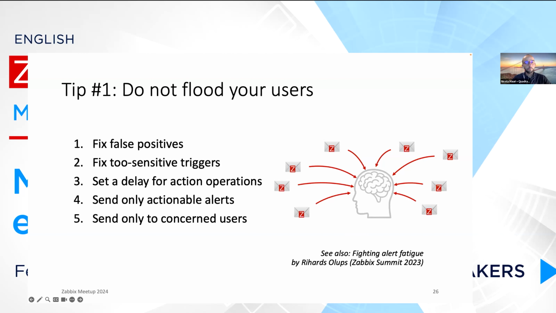And send only alerts which require user action, not just informative alerts. This is a very common and known suggestion, and send, of course, to the right people. See also a good presentation from RHEL at the last Zabbix Summit. You can go there for further information.